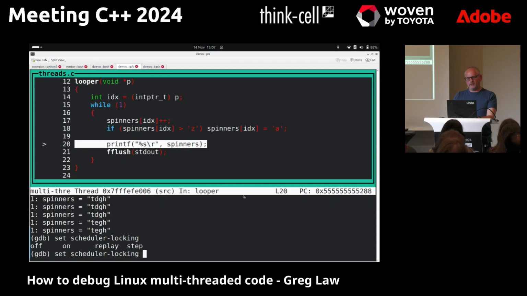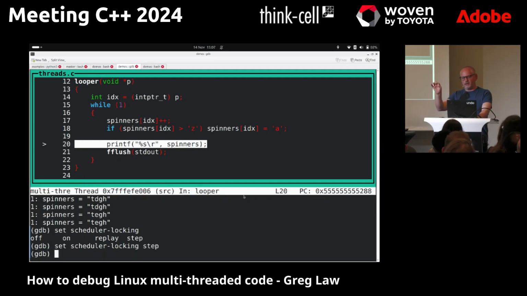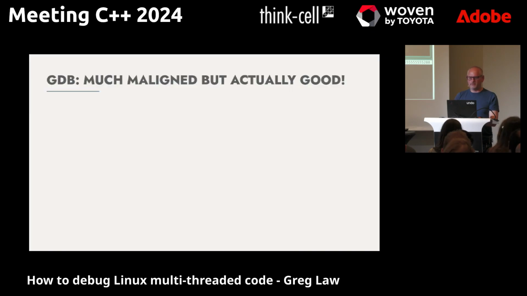There's also replay, which is for if you're actually replaying a recorded session. And step does different behavior. If you set scheduler locking step, then when I do a step command, it won't run anything else. But when I do a next command, it will run the other things. So that can also get rid of my weird locking confusion, because, well, no, you'd still get stuck, wouldn't you? But anyway, maybe that's what you want.